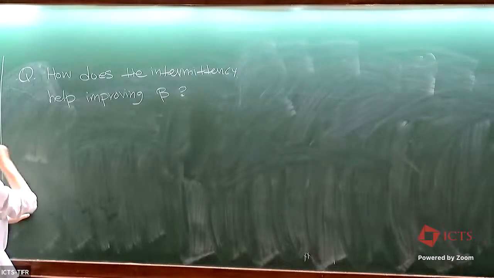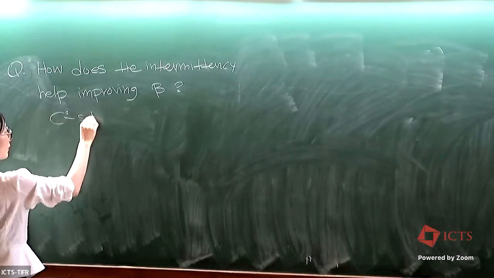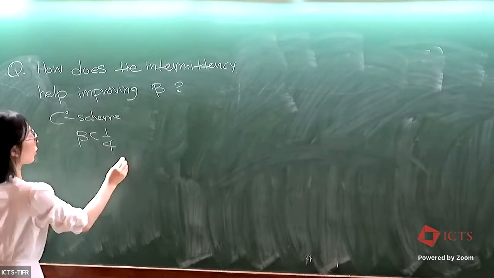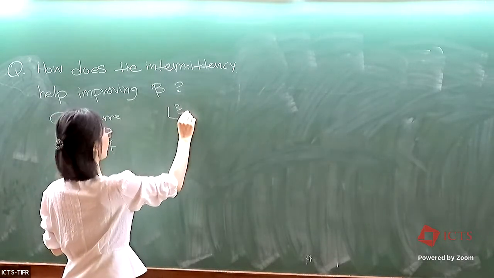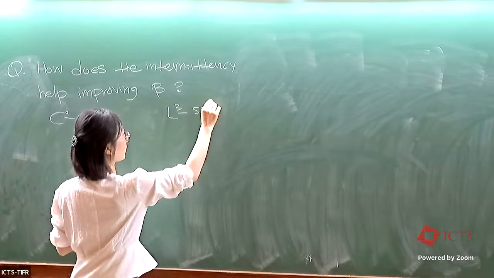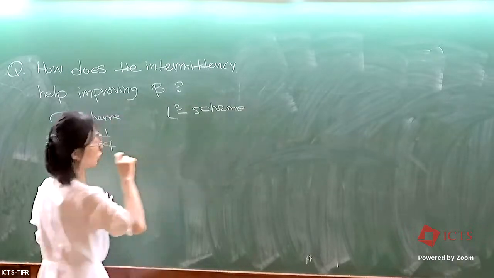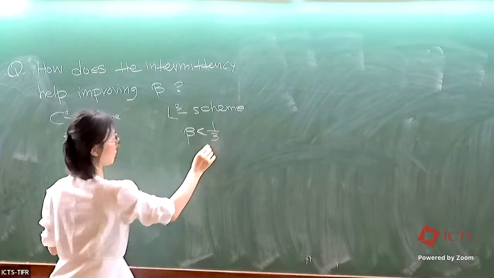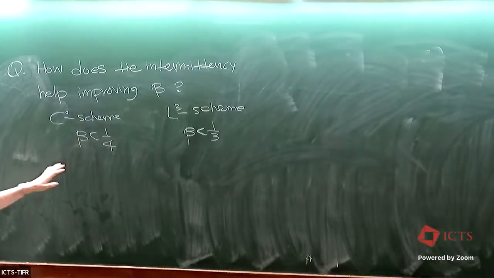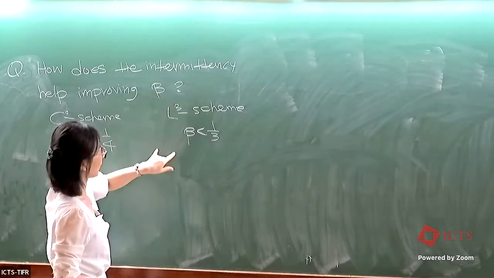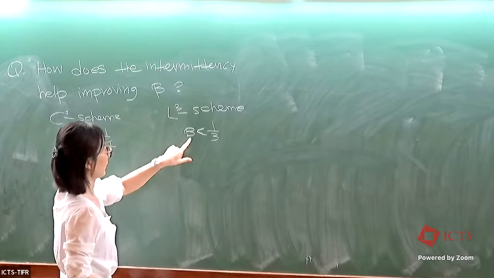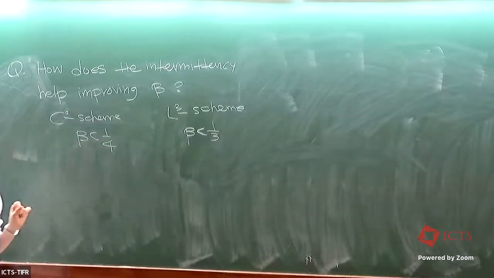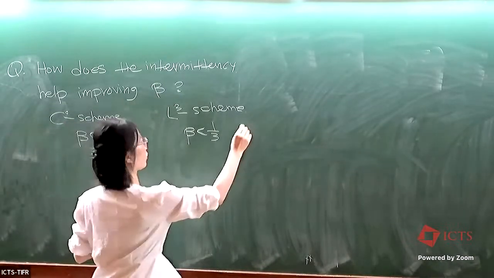As you just saw in the C0 scheme, we had the restriction beta is less than 1/4, but in the L3 based scheme, as you saw from our theorem, we can actually go up to 1/3. But of course, the L3 scheme means that when you measure the solution with the L3 based norm, the associated differentiability parameter goes up to 1. So this is the first question.